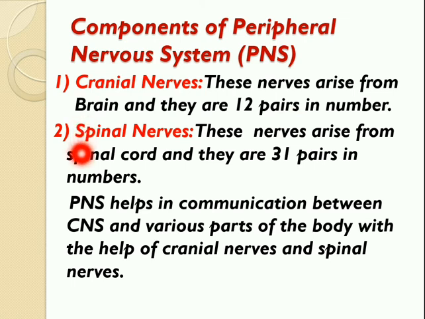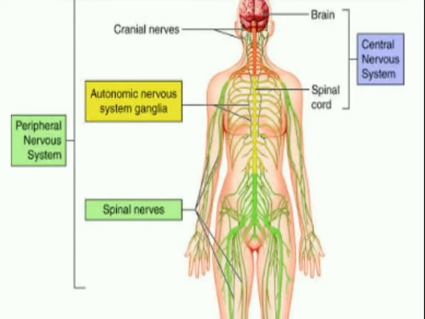Whereas spinal nerves arise from the spinal cord, they are 31 pairs in number, and go to the various organs of the body, connecting them to the central nervous system, that is the brain. So the peripheral nervous system helps in communication between the central nervous system, that is the brain and spinal cord, and the various parts of the body with the help of cranial nerves and spinal nerves. You can be asked in the exams: what is the function of the peripheral nervous system?